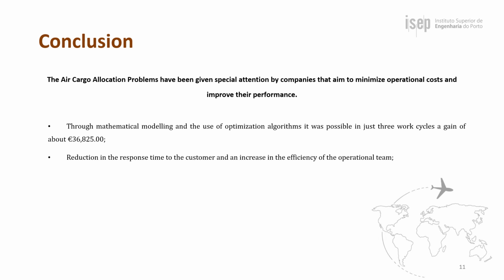Through mathematical modeling and the use of optimization algorithms, it was possible in just 3 work cycles to gain about €36,825. Other advantages were achieved with the work developed, such as the reduction in the response time to the customer and an increase in the efficiency of the operational team.